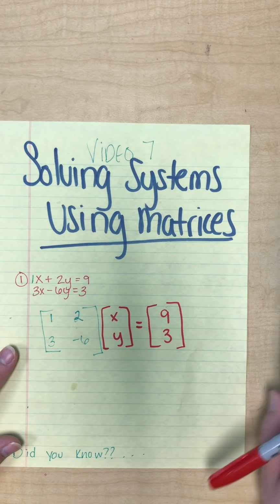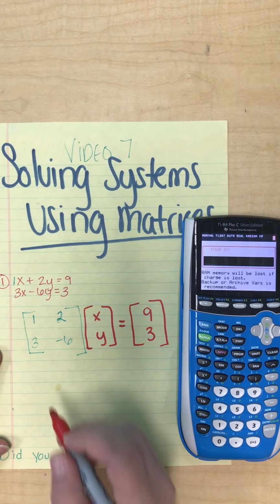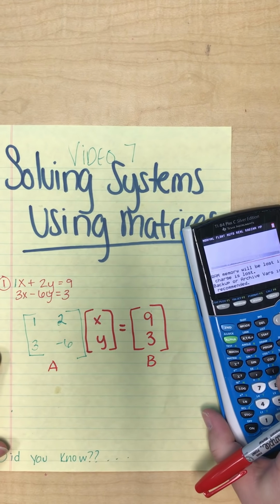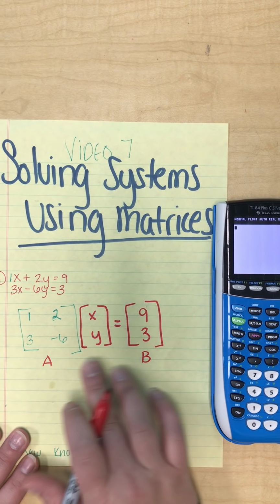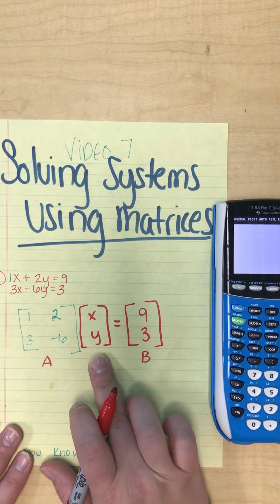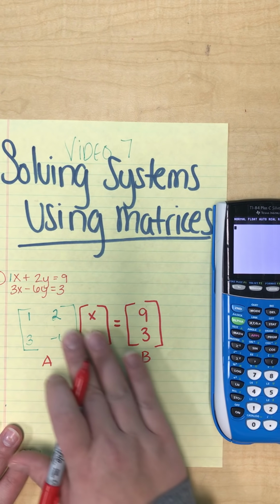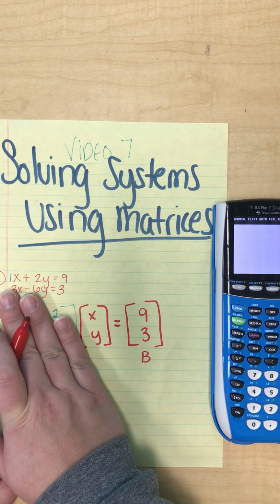From there, you're going to grab your calculator, and we're going to call this matrix A, and we're going to call this matrix B. To get rid of A on this side, basically we're solving for the variables. Remember we learned that any matrix times its inverse will basically cancel it out.